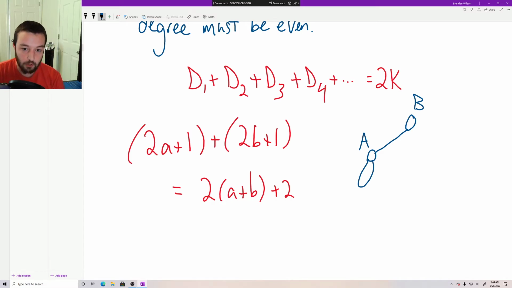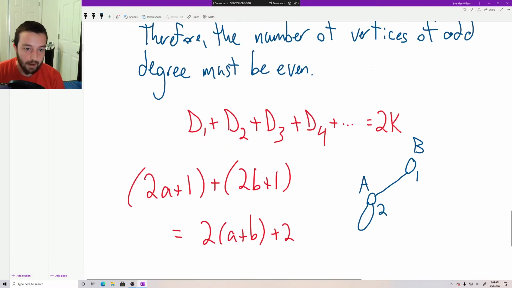If we count the loop as only one edge, then the degree here would be 2, and the degree here would be 1. Now we have an odd number of ones with odd degree, right? We have 1 that has an odd degree. So we just show that this can't be possible. So therefore, the loop must be counted as 2.